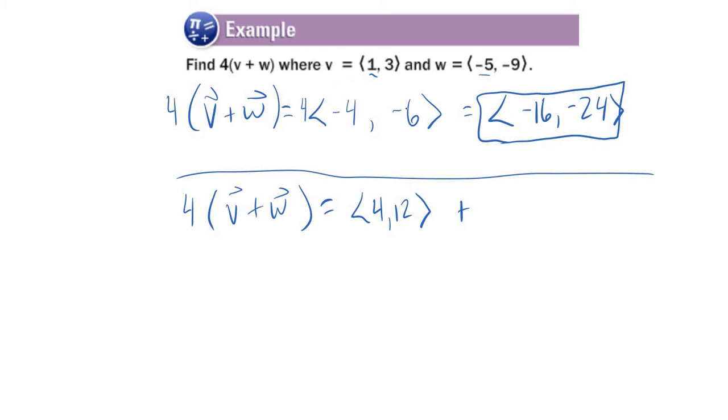That would be 4 times v, right? And then what do we have here? Negative 20. And what am I looking at? 4 times negative 9, so negative 36. And then you could just add the vectors together like normal. And we would get 4 minus 20, negative 16, 12 minus 36, negative 24.